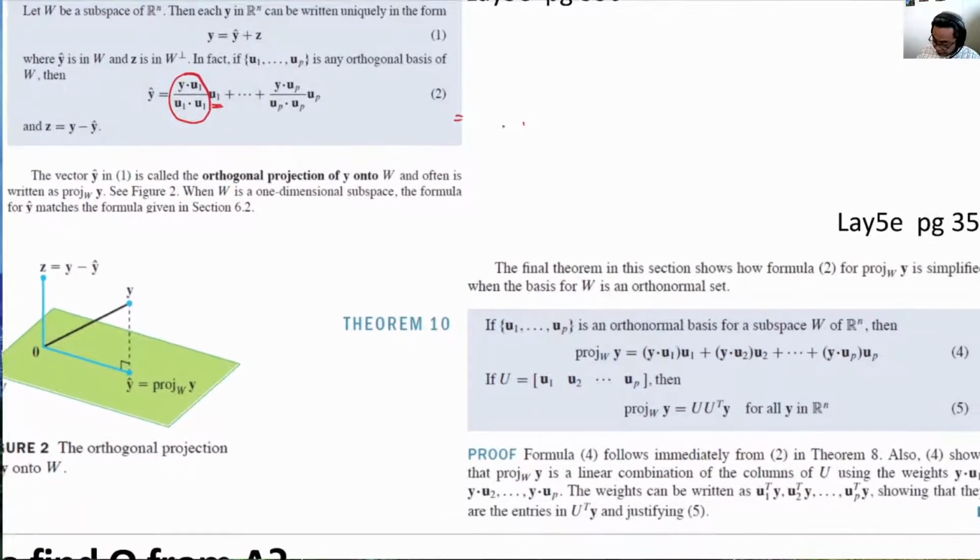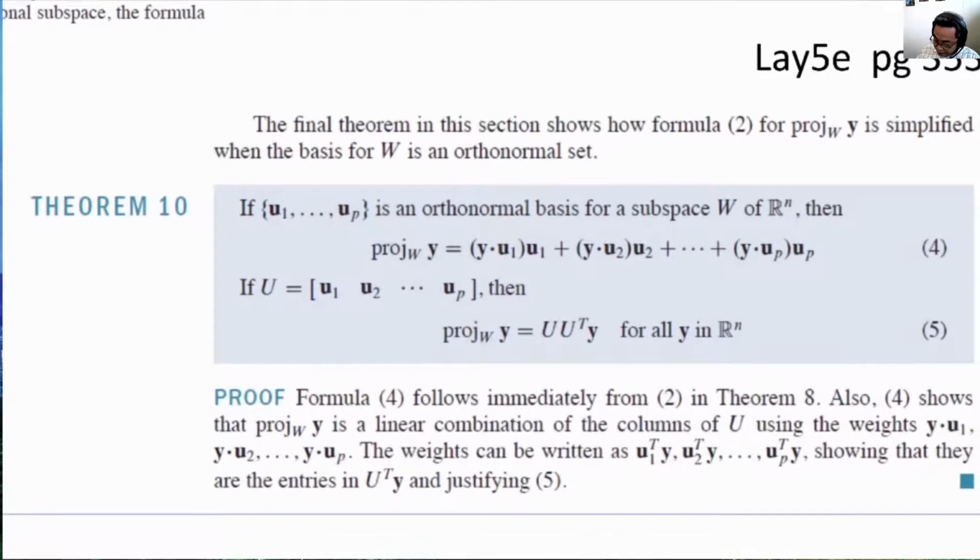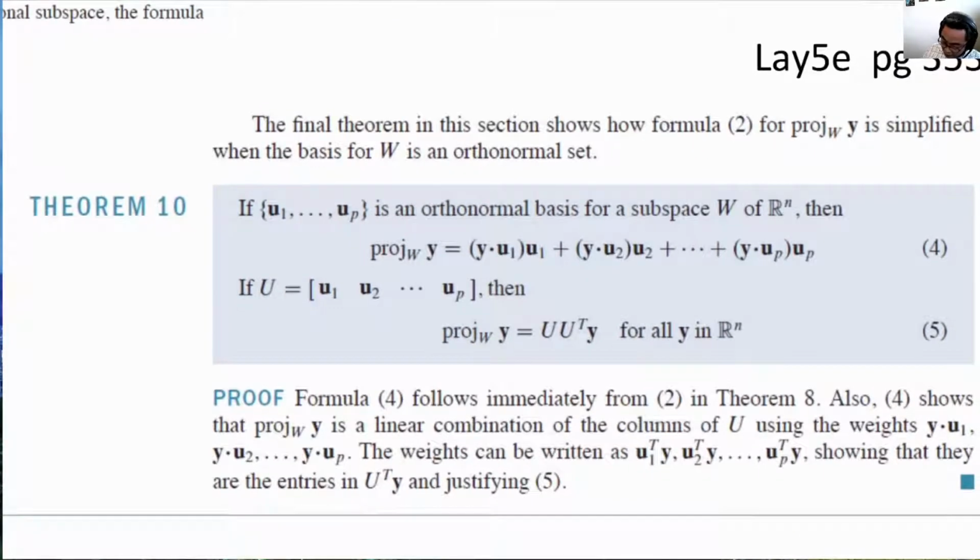Now, you come to here. If u1 to up are now an orthonormal basis, which is the Q, you can think of this Q as the u now, then all we are doing is finding the weights associated very quickly.